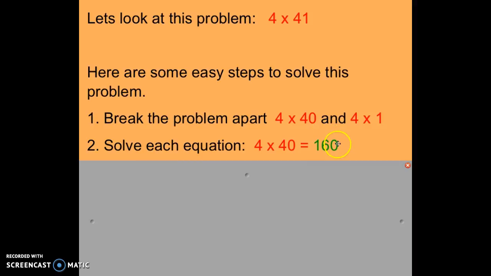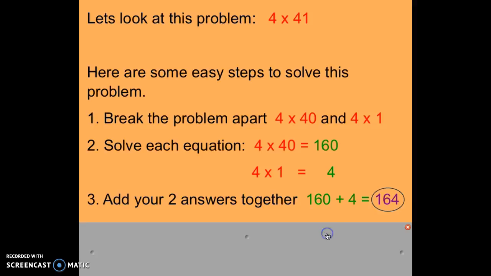I'm going to add that 0 on, so we get 160. And then we know that 4 times 1 is 4. So what you're going to do with these two is add them together, 160 plus 4, and we get 164. So again, this is one method of doing two-digit by one-digit multiplication.